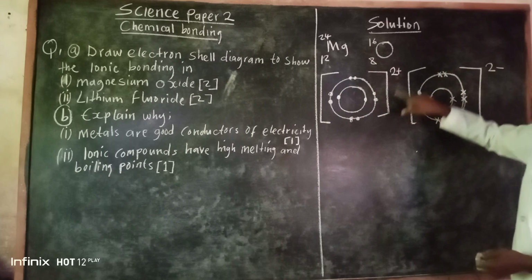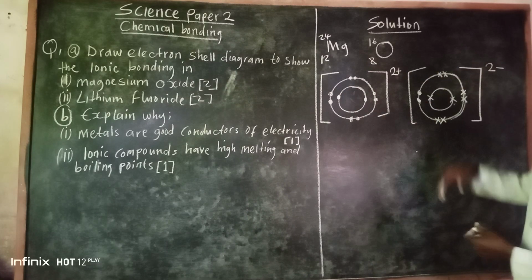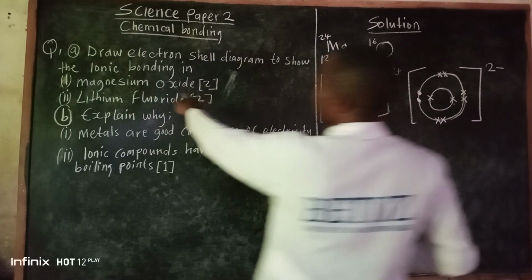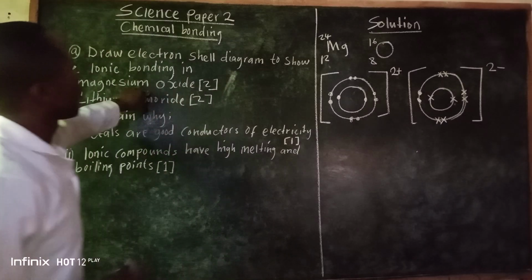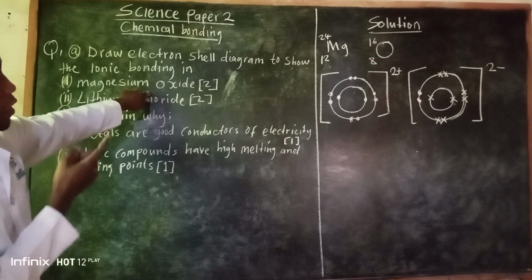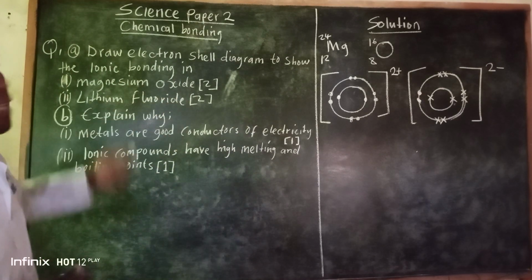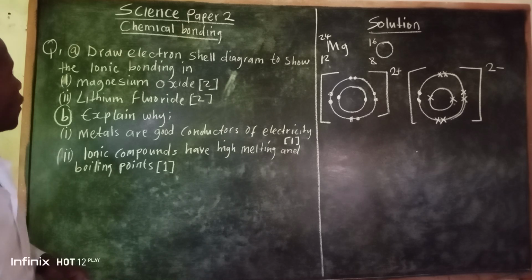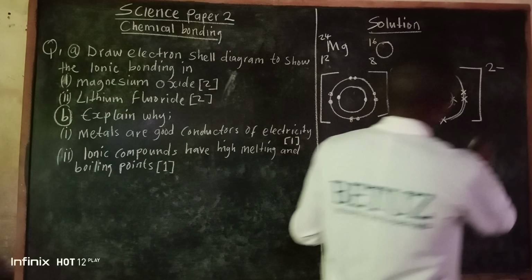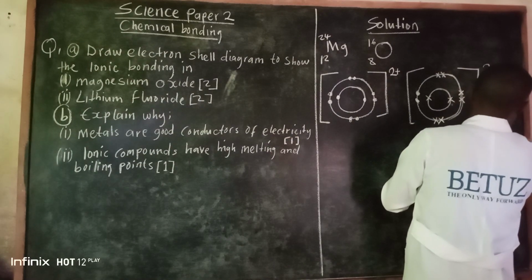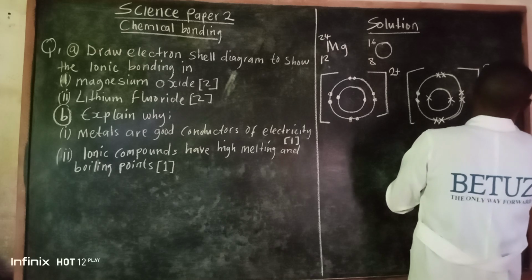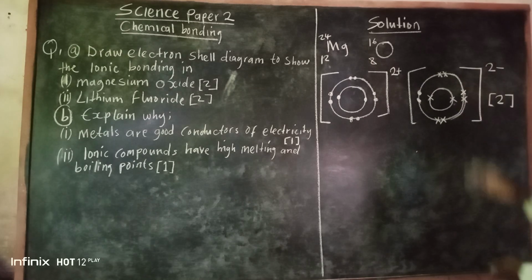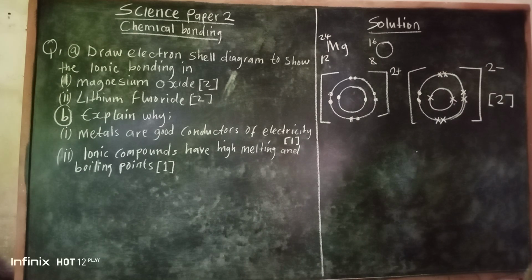Magnesium has lost 2 electrons. Hence, the electron shell diagram is drawn. That is how we draw the electron shell diagram. This is 2 marks, so it means we have scored those 2 marks.